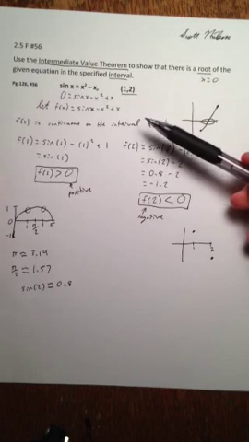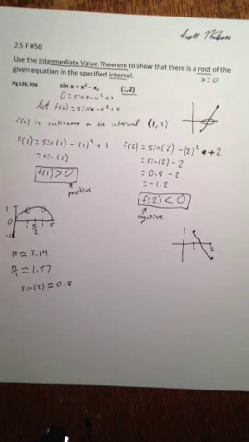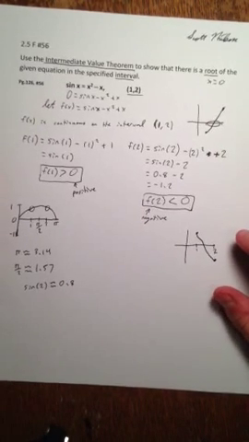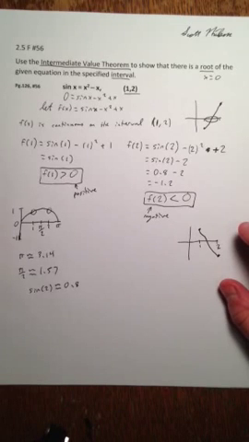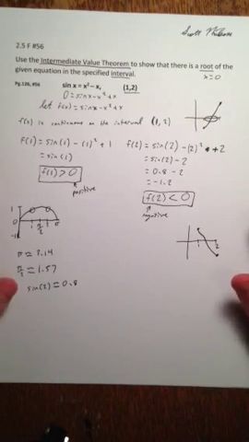And remember earlier we said it's continuous, so there must be a root, because in between this value and this value, it crosses the x-axis because it's continuous. So the key part to this question is that it's continuous, and the second key part is you have to have a concluding statement.